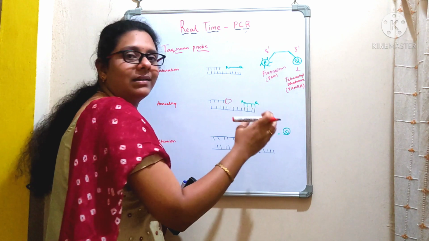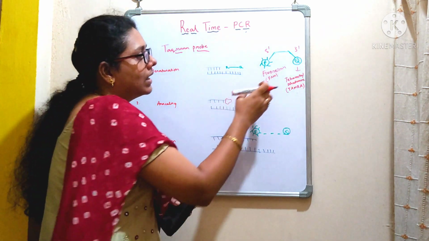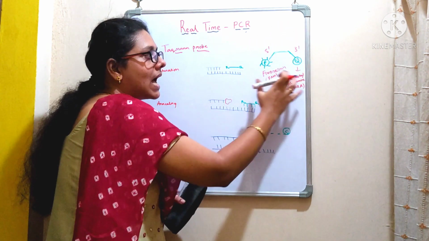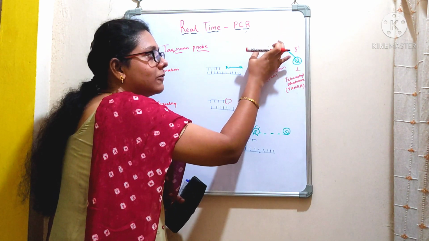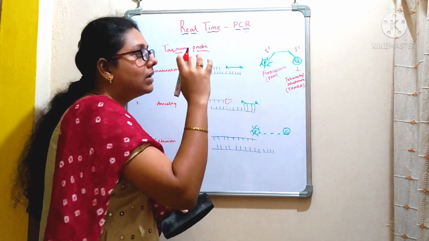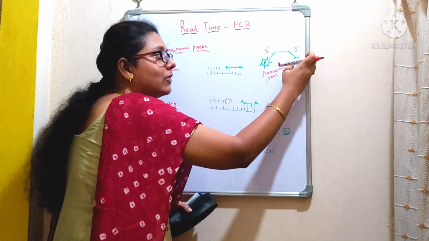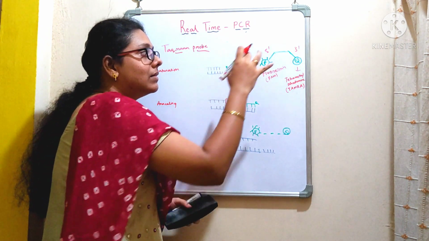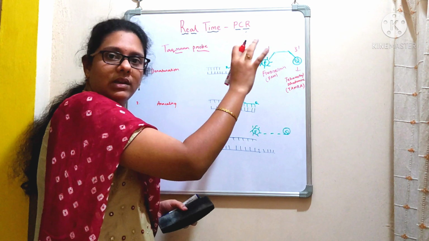We call it tetramethylrhodamine, and this is a fluorescent. So this probe has a reporter region at the 5' end and the quencher region at the 3' end. The role of the quencher is that it will inhibit the activity of the fluorescent while they are in close proximity with each other.